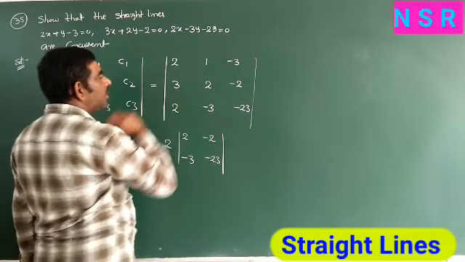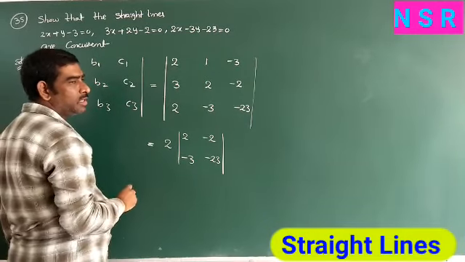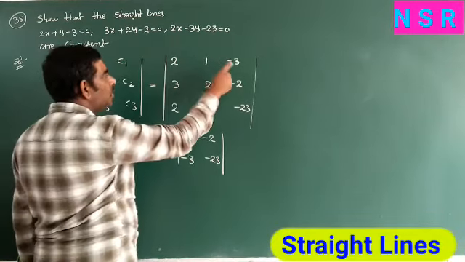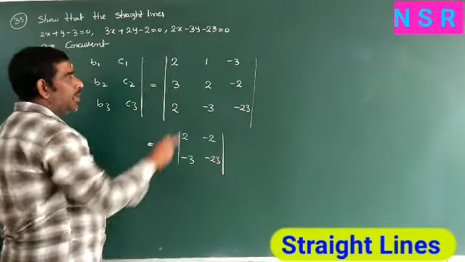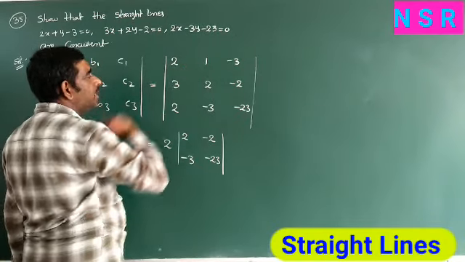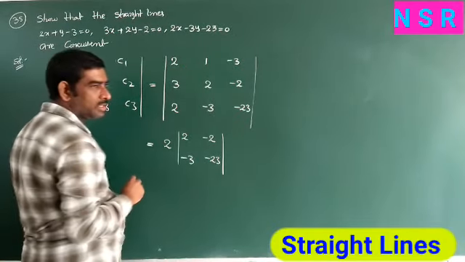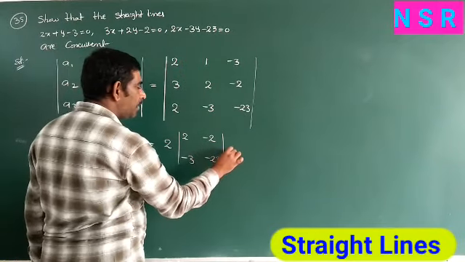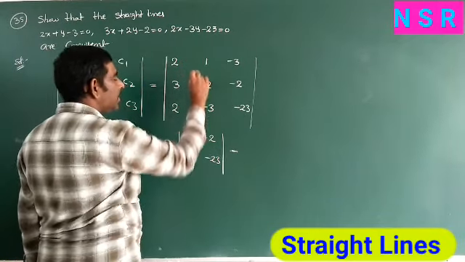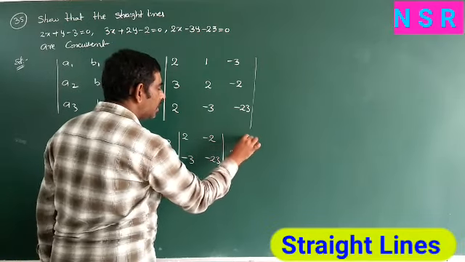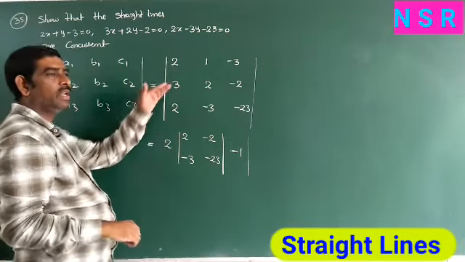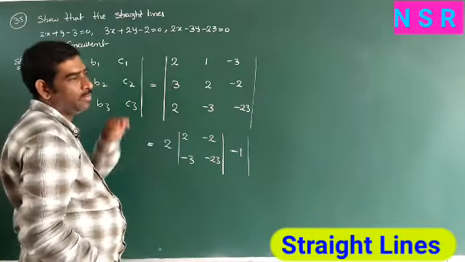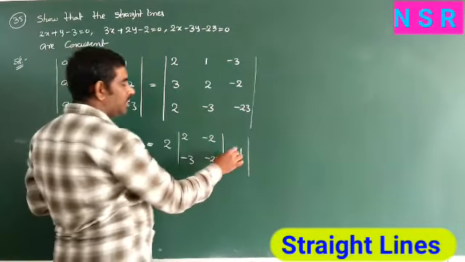Next, the second element, first row second column. If this element has plus, write here minus. If the second element has minus, write here plus. So 1 is having plus, write here minus 1. So this is the method of the 3 by 3 determinant of a matrix. You learn this again in 1A, so try to understand it.